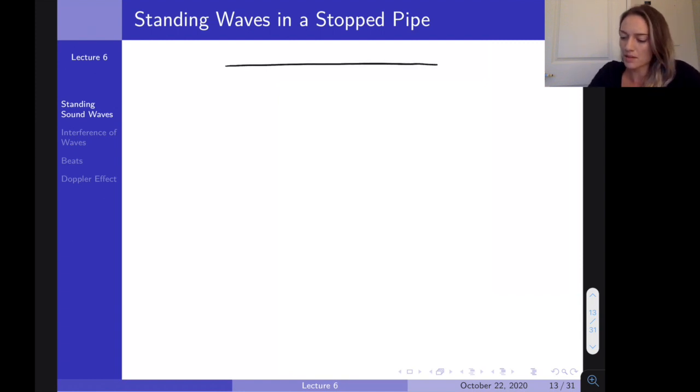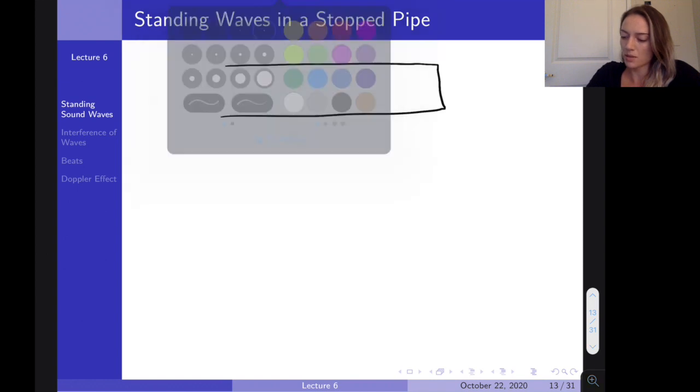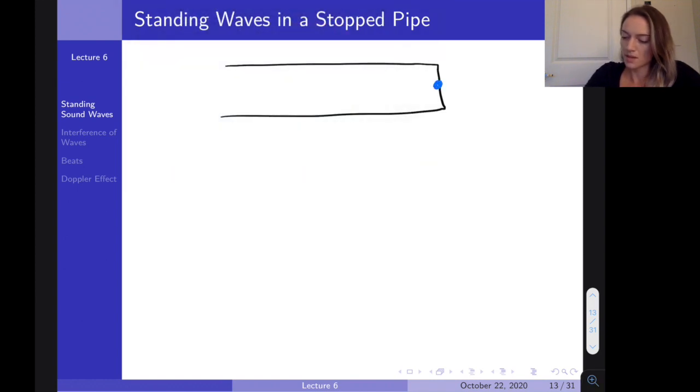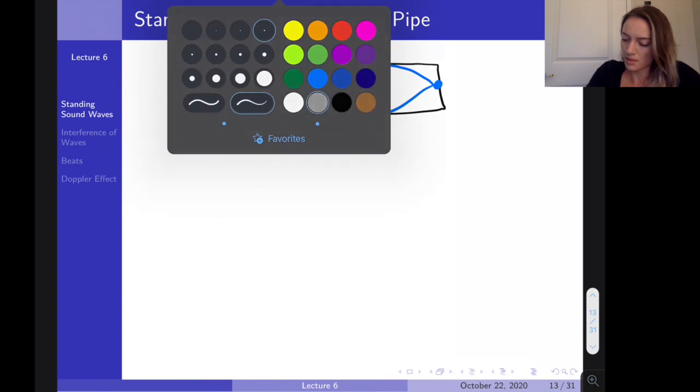So if we have this pipe here, let's try to put another quarter wavelength on it. Let's draw this like that. Again, I didn't do this perfectly, but that's okay.